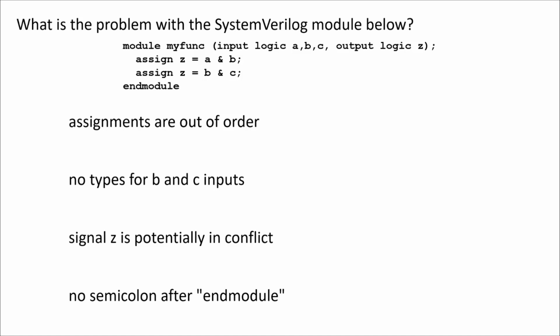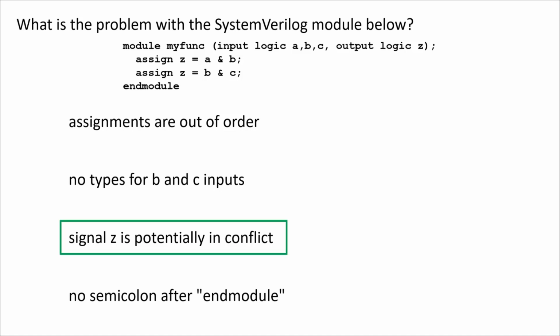Now there is a way that you can use a tri-state buffer in Verilog if you declare a signal as a tri instead of as a logic. But everything we do in this class is just using the logic data type. Logic Z, and we're assigning Z, is not a tri-stated signal, meaning that only one circuit should drive it at a time. Otherwise, you risk that signal being in conflict.